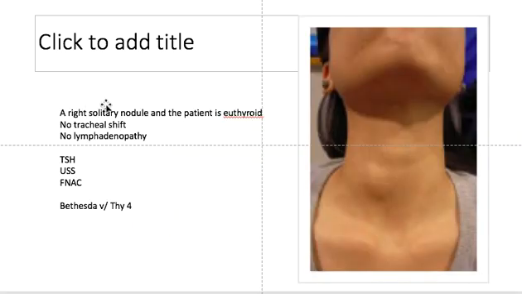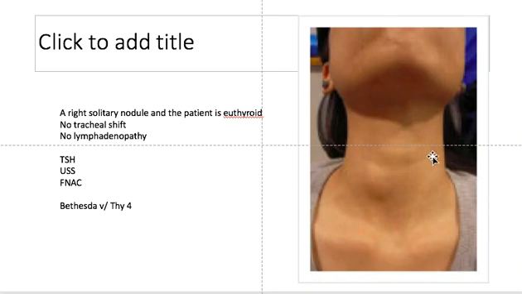So to summarize again, this is the person we are discussing, a right solitary nodule, and she is clinically euthyroid. There's no shifting of the trachea, and there were no palpable lymph nodes. So for initial assessment, since she is euthyroid, a TSH alone will be enough, and that was in the normal range.